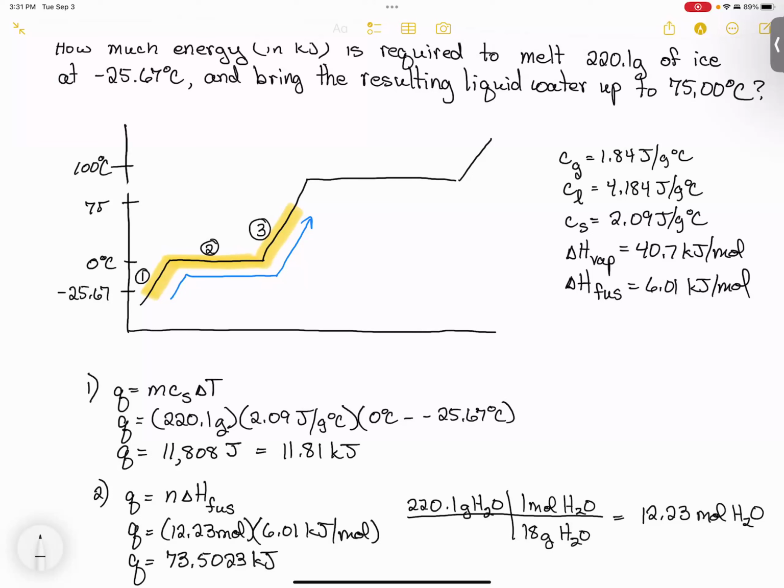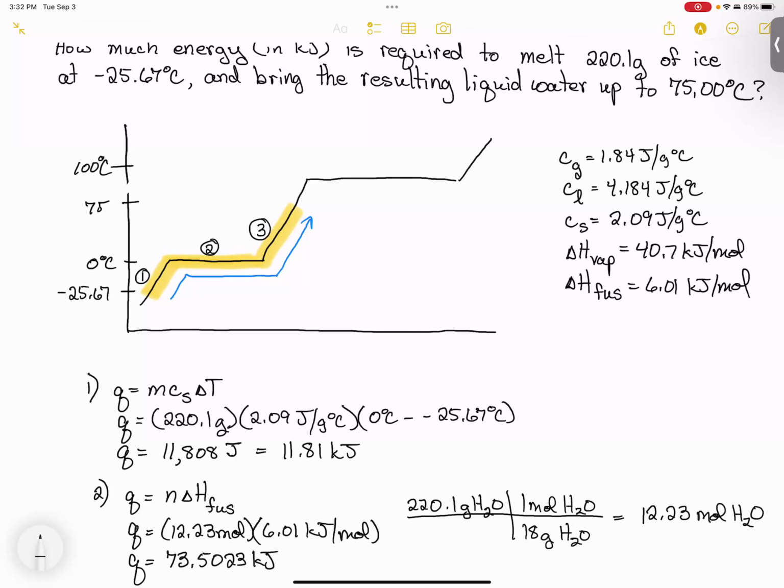So would you do it on the flat part right under 100 degrees Celsius? Well, that line was supposed to be at the 100. I have spatial issues sometimes drawing. If section 3 went all the way to 100, would you use the delta H of vaporization? It all comes down to how it is worded in the question. Did I convert it to a gas at 100 degrees?